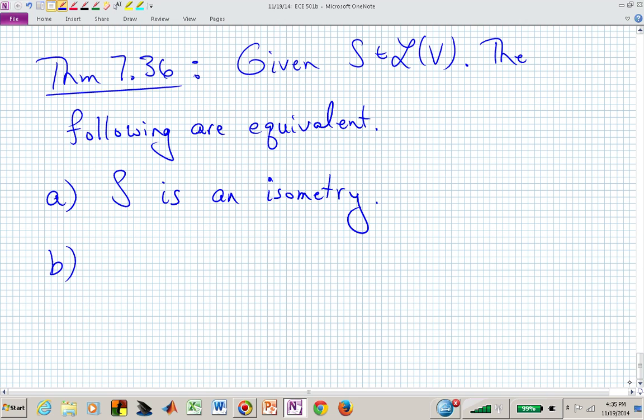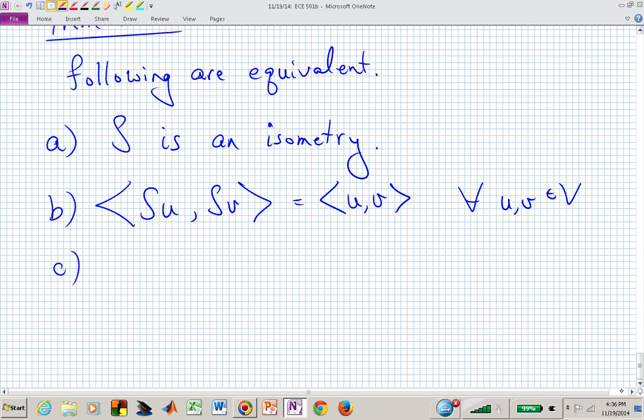That can be shown to be equivalent to the inner product of SU with SV being the same as the inner product of U with V for all vectors U, V in our inner product space capital V. If S is a linear map and an isometry, statement A, then S adjoint, or S dagger, S is actually the identity map.